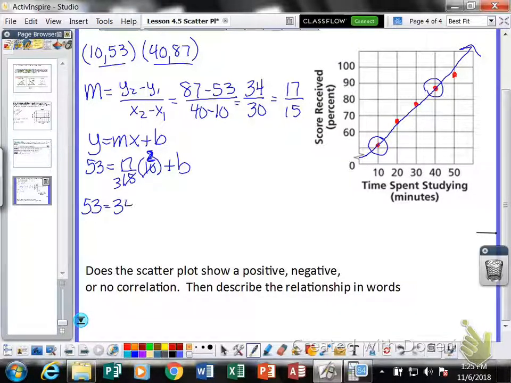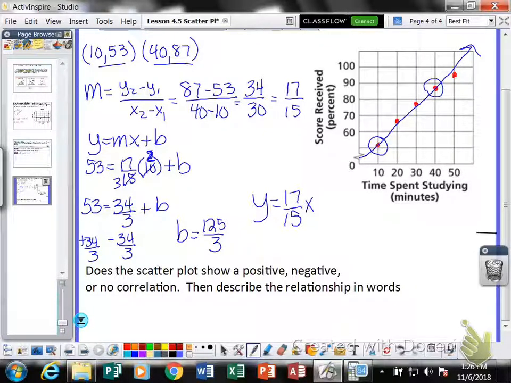So then I have 34 over 3 plus b. I'm going to subtract 34 thirds from both sides. You can use a calculator, you can find a common denominator, but I end up with b equals 125 over 3. Piece it all together, y equals 17/15 x plus 125 over 3.